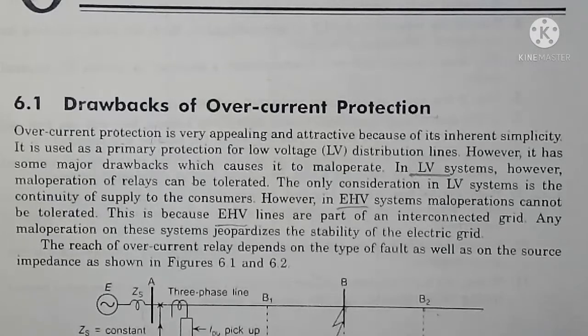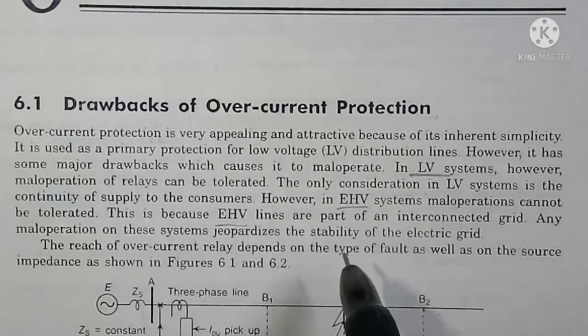So, if there happens to be the mal-operation and the line gets tripped, the consumers will not be supplied. But after some time, the power supply to the consumers may be resumed.